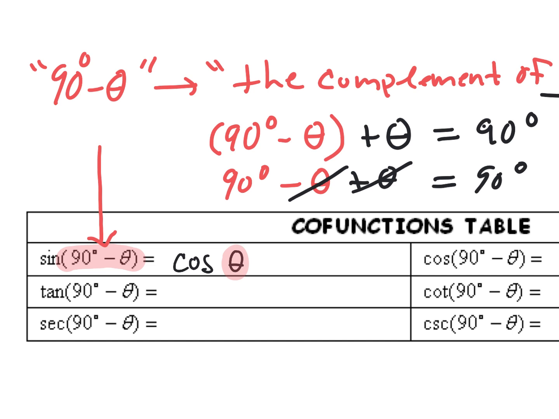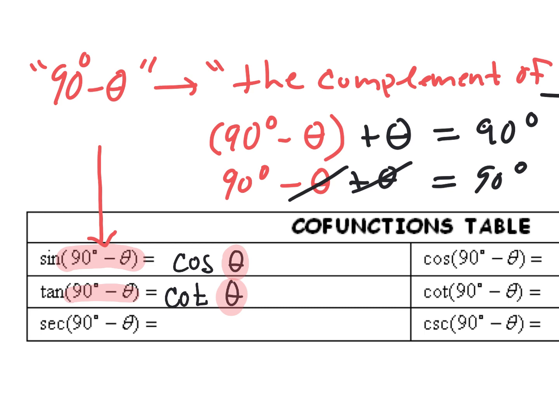Okay, I'll do this first column and then I'm going to ask for a little bit of audience participation with that second column. So the tangent of 90 minus theta has to be equal to the cotangent of the complement of 90 minus theta, which is just theta. So again, it's just the complementary angle on the right there.